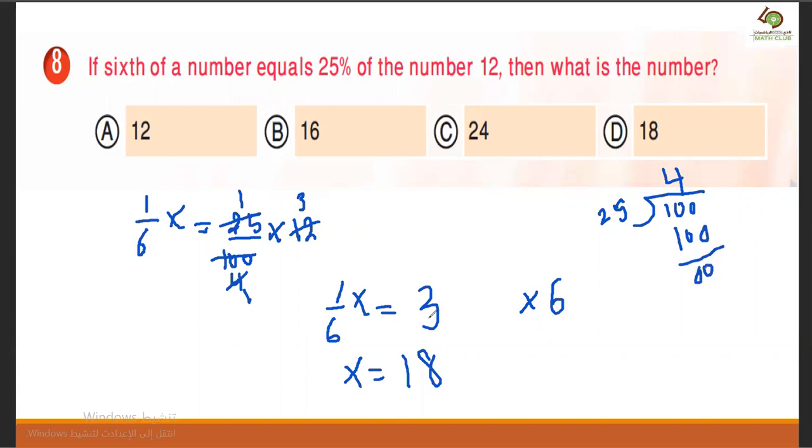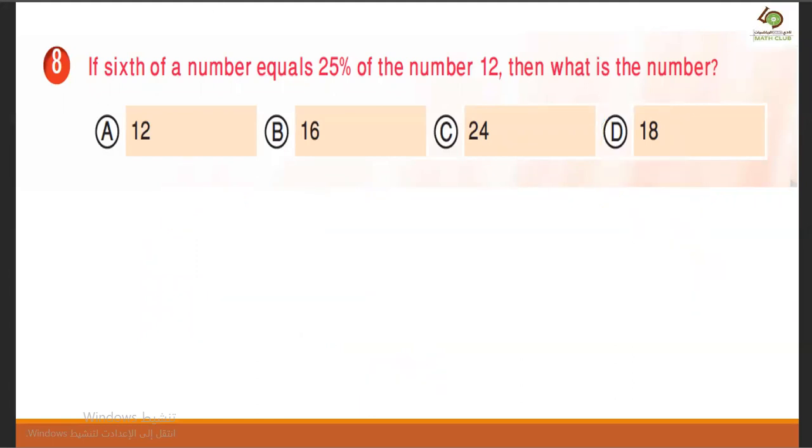So the remainder is 0, divisible. Then the answer is 18. You see? Yes, our quarter, right, done. Now we find the answer is 18.